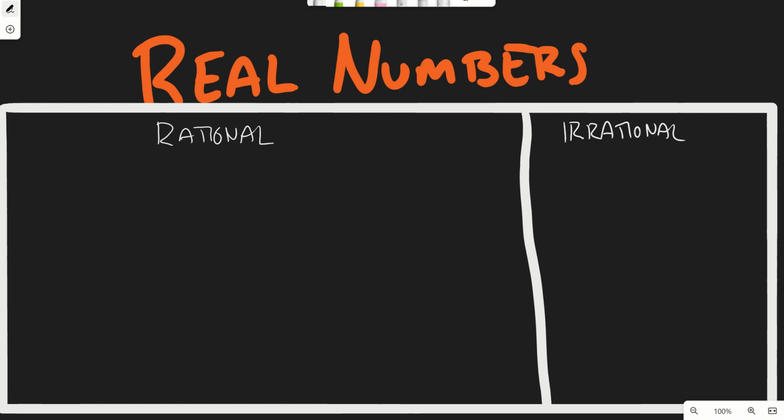So within all of real numbers, there are some numbers that are rational and some that are irrational. We're going to talk about how to know which is which. A rational number, every rational number can be written as a fraction. If you can write it as a fraction, a over b, or whatever you want your fraction to be, that makes it rational. So it's any number that can be written as a fraction.